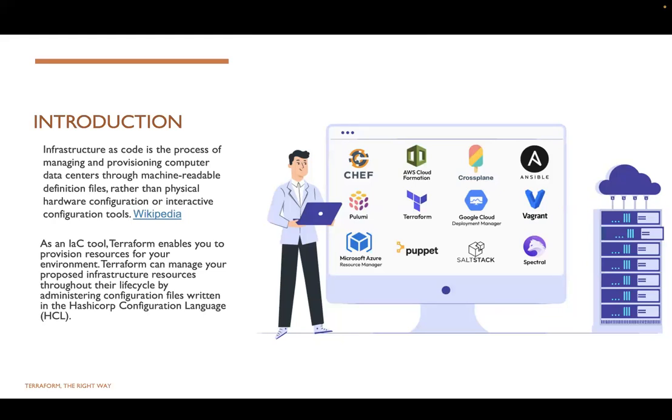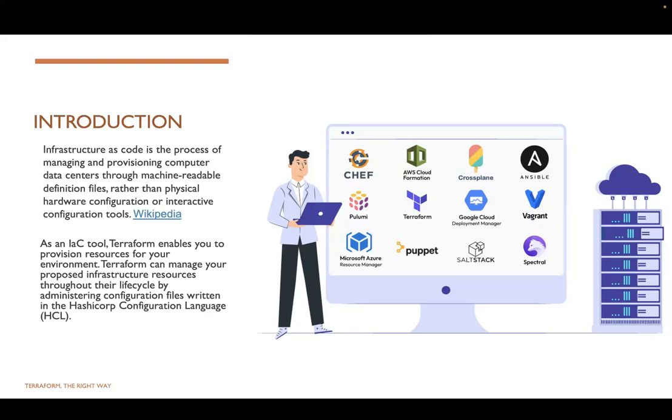The advantage of this is that it makes it easy for you to manage your infrastructure resources' life cycle. We have a lot of infrastructure as code tools, which you can see on the right-hand side of the screen. We have tools like Chef, Puppet, Vagrant, AWS CloudFormation, and so on. And all these tools are targeted to achieve different purposes.